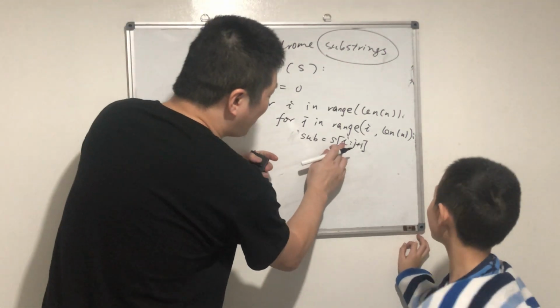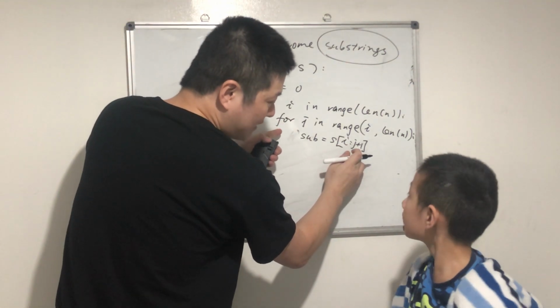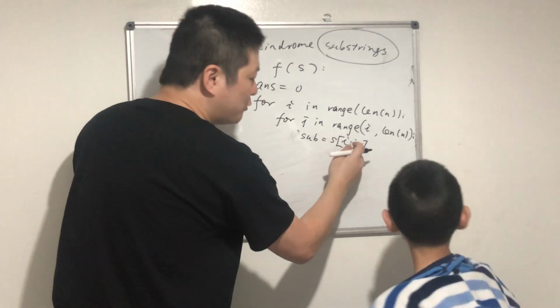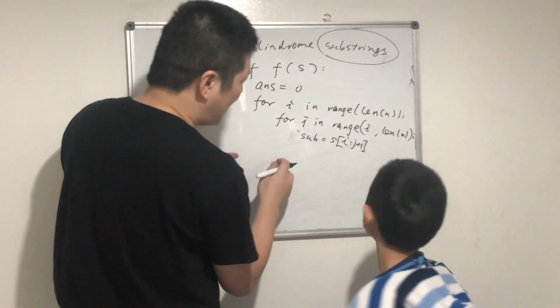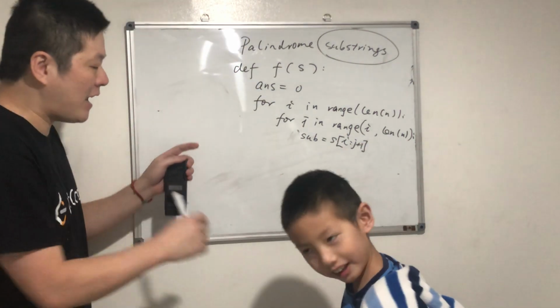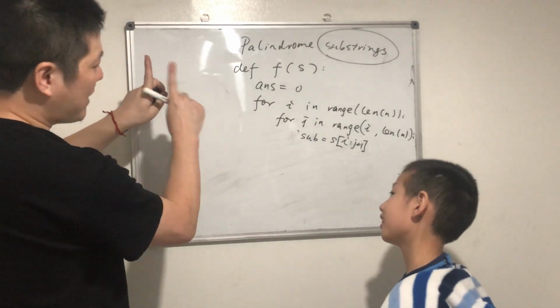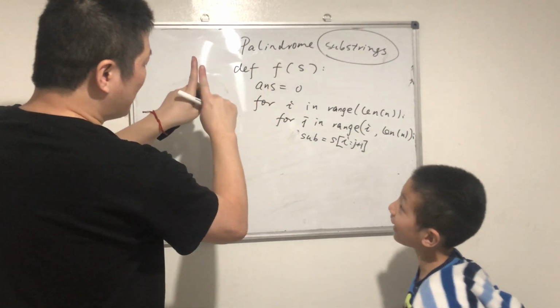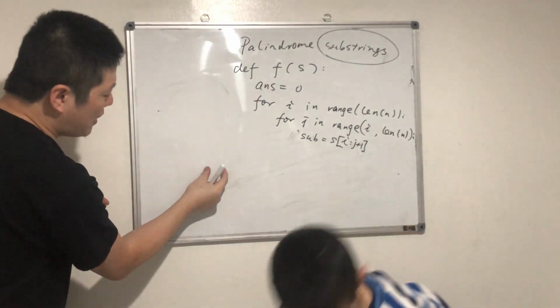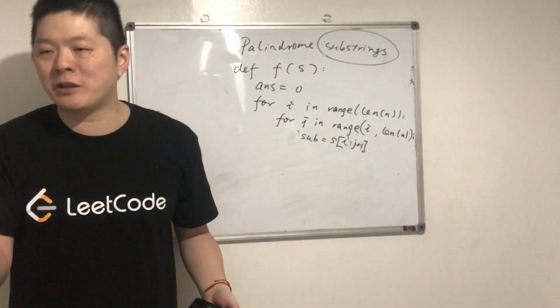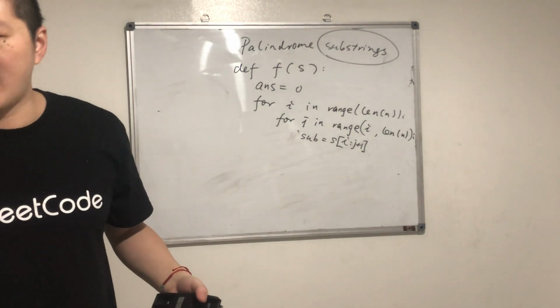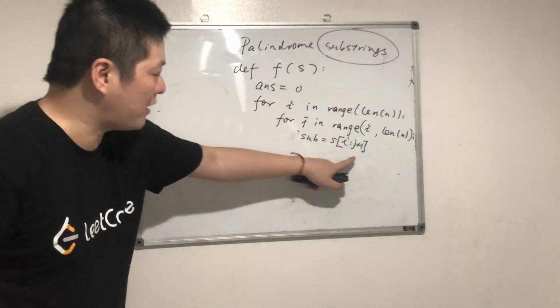Look, because n is always up to but not including, so we have to add 1. This is I, and then J will be here. So if we iterate it, we will have n square substrings, right?